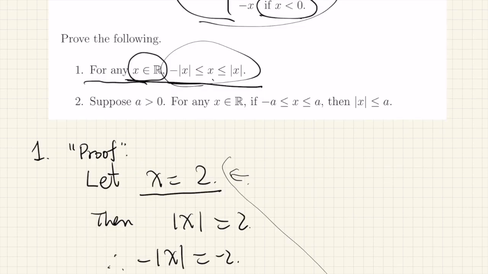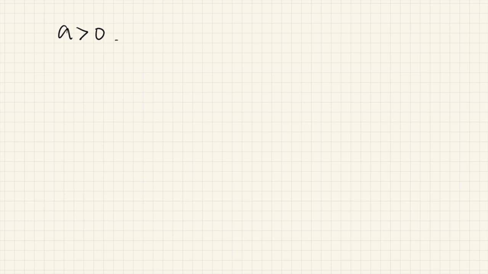Next, let's try part 2. Suppose a is any positive number, and then for any real number x, if this is true, x is between negative a and a, then the absolute value of x is less than or equal to a. Okay, so a positive is given.